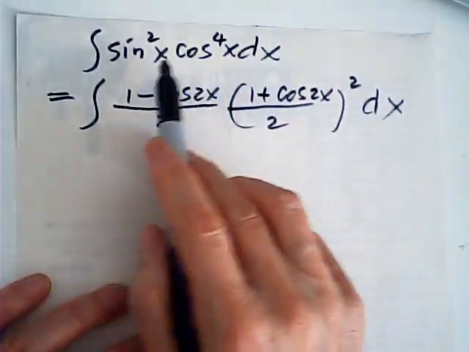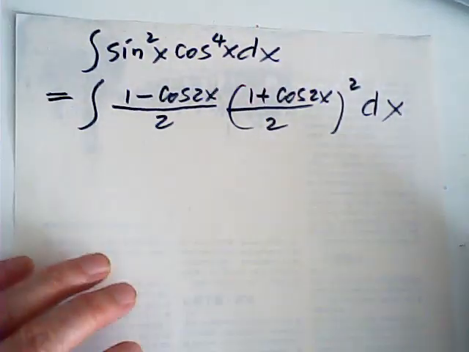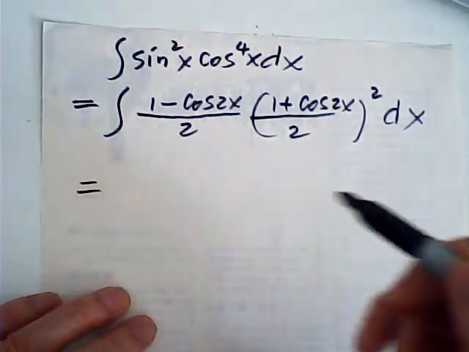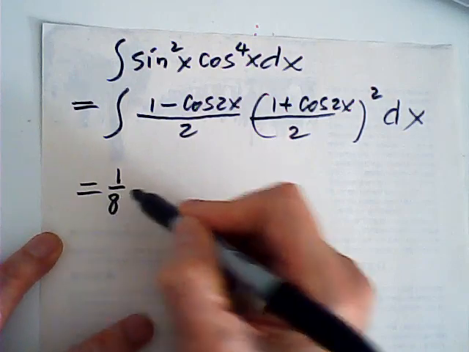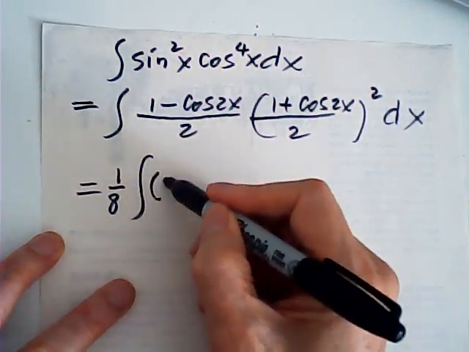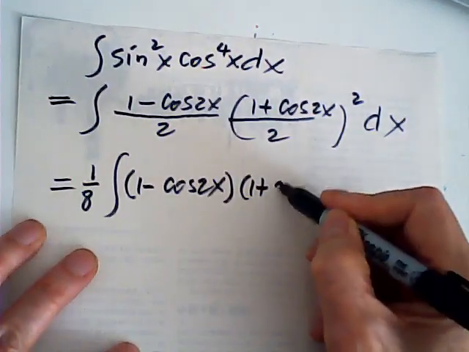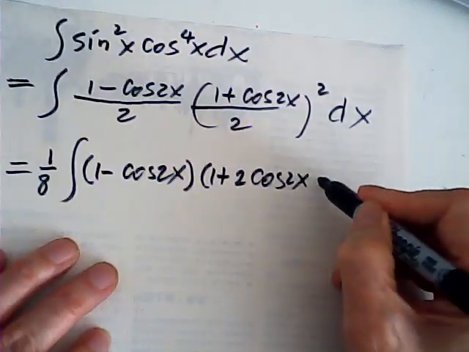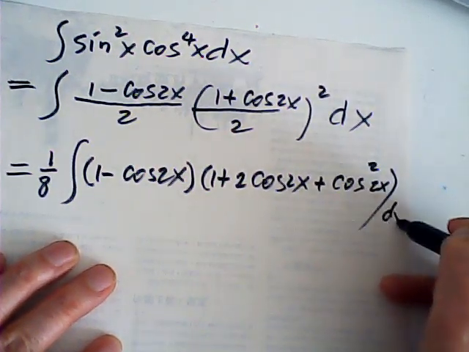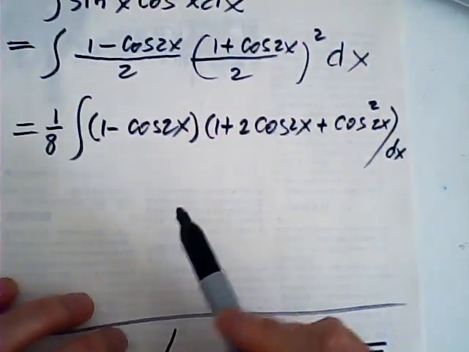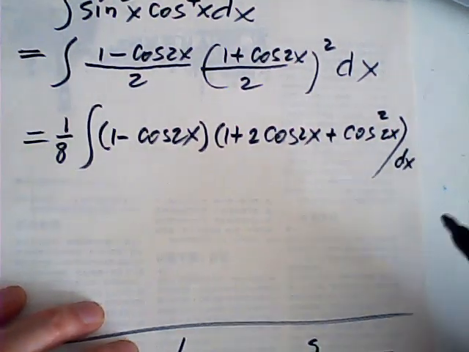Here you have a power of 6, but here you have only a cubic function. So this one equals 2 times 4 is 8, right? Integral of 1 minus cosine 2x times 1 plus 2 cosine 2x plus cosine^2 2x dx. Okay. So compared with the given function, the power is much lower.